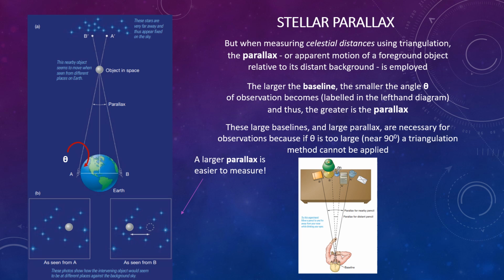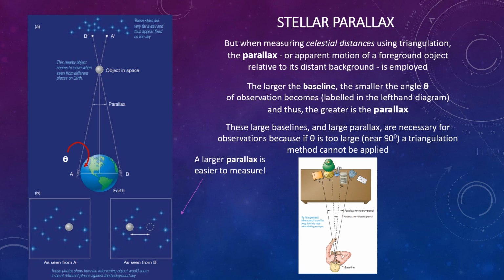So the larger the baseline that we are using, the smaller the angle of observation becomes, and so the greater the parallax. These very large baselines and large parallax are necessary for our observations because if the angle is too large, a triangulation method cannot be used.